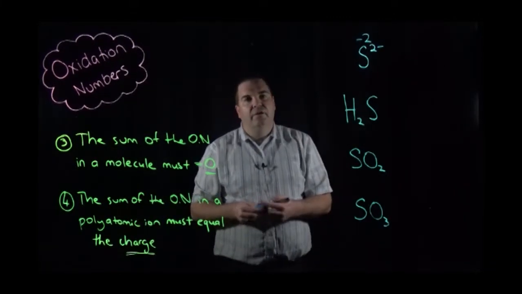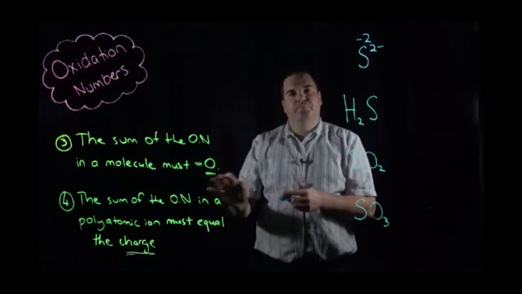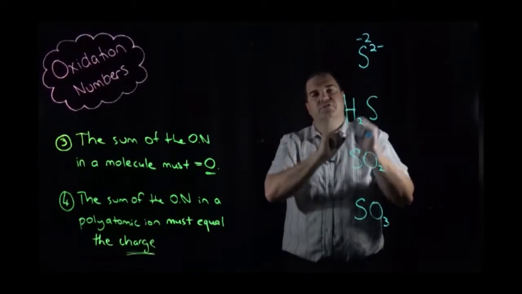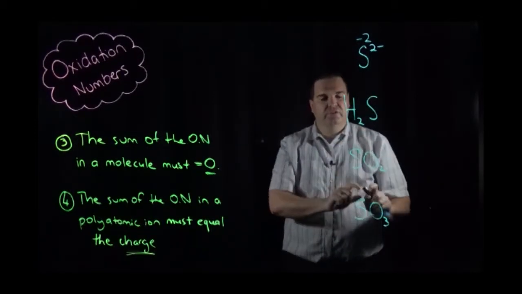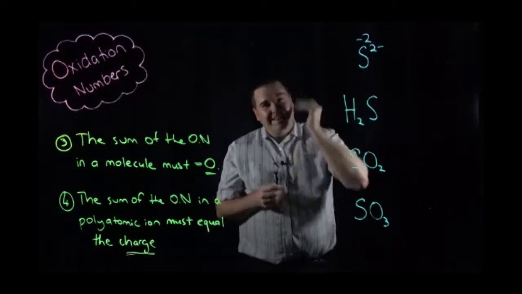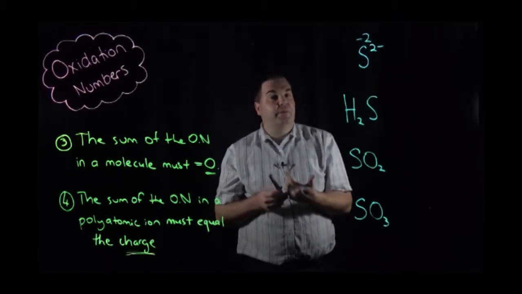Now, the rule states that the sum of the oxidation numbers in the molecule must equal 0. So when we add all of these up, these oxidation numbers for the hydrogen and sulfur must equal 0. These must equal 0, these must equal 0 as well. Now, one of the easiest ones always to remember is that hydrogen is almost always a +1.